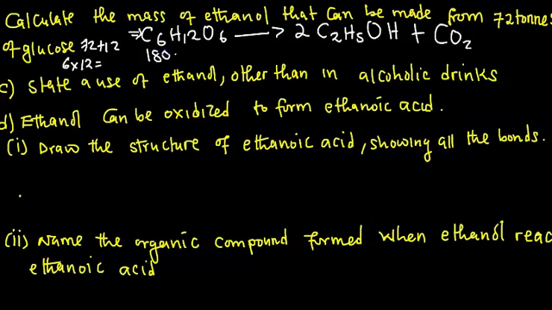So 180 tons of glucose produces what will be the molar mass of this one? Remember to multiply by 2 afterward. Carbon, how many are they? 2 multiplied by 2, so there are 4 carbons. Carbons 4 multiplied by 12 gives me 48. Then plus hydrogens, there are 6 of them, but multiply by 2, so it gives me 12.